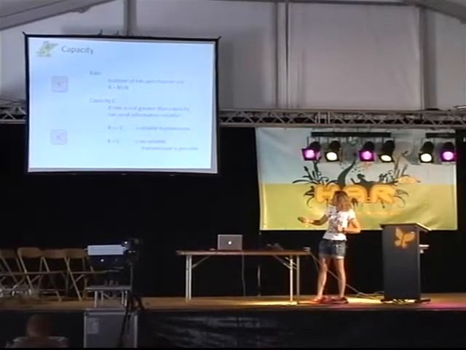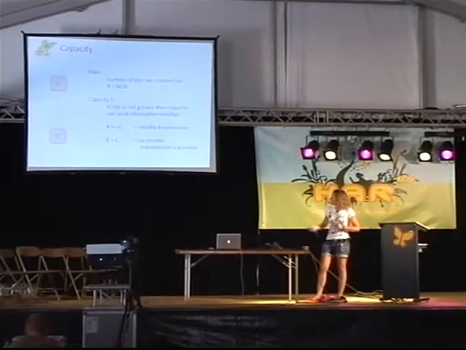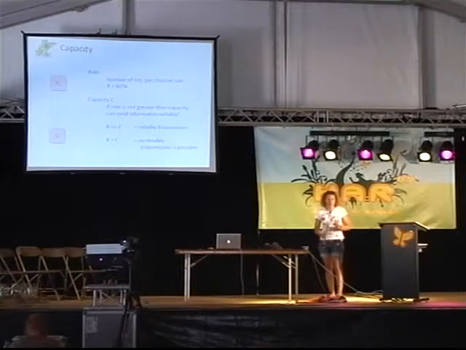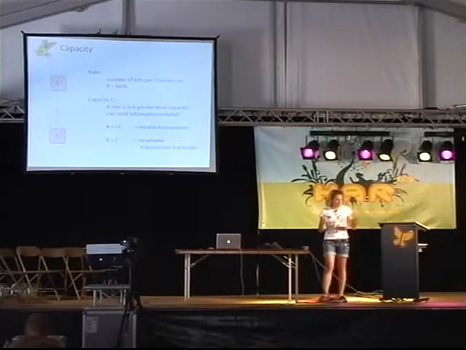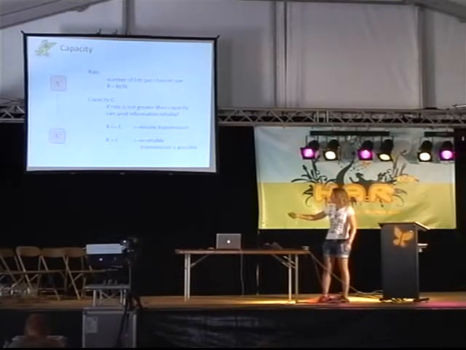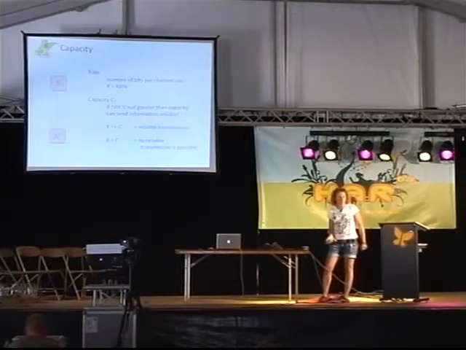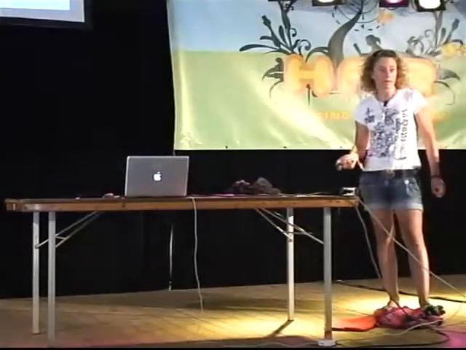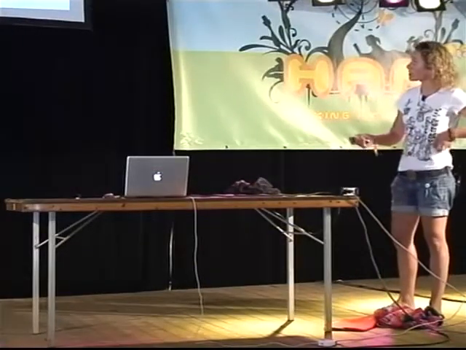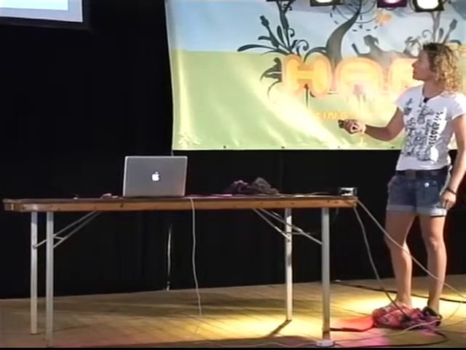But if the rate is greater than the capacity, then in fact there exists no error correction scheme, so there's nothing you could possibly do such that you get exactly out what you put in. So there are some limitations inherent in this problem, and your error correction schemes cannot be arbitrarily good.